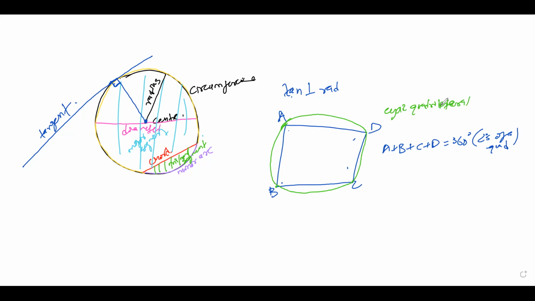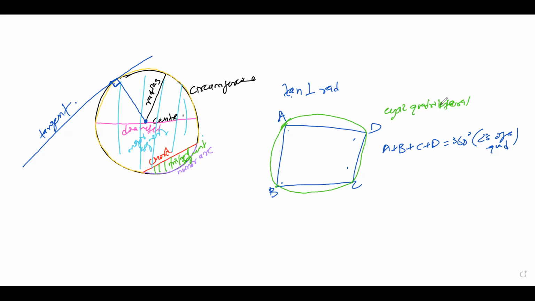Okay, never mind the spelling. So if they tell you that points A, B, C, and D lie on the circle, that means that ABCD is a cyclic quad.